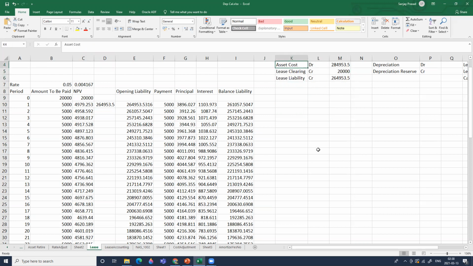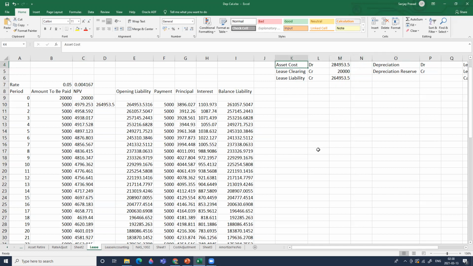Every month, now this is my asset cost, we are going to run depreciation. Whatever depreciation method we follow, this is the same as any other asset. The asset will be depreciated over a period of time as per the depreciation method we select for the leased asset. There's no difference in the depreciation calculation, and the accounting treatment also remains the same.